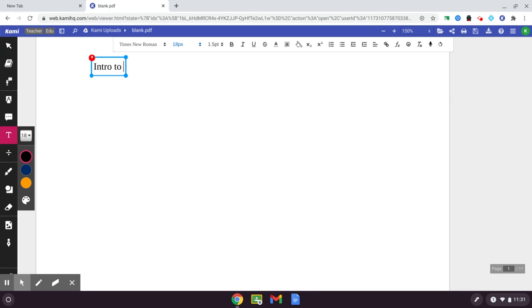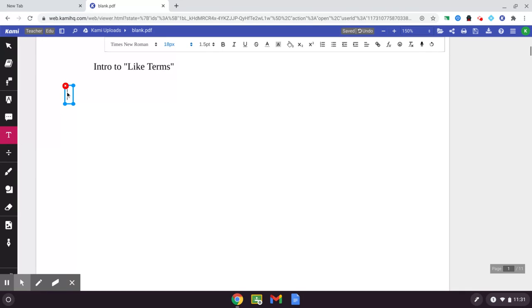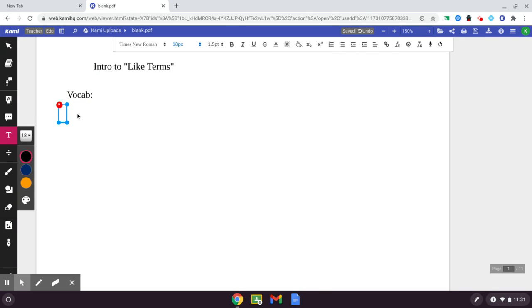Intro to like terms. All right, so like I said, first we're going to start off with some vocabulary. The first word that I'm going to talk about is the word term.